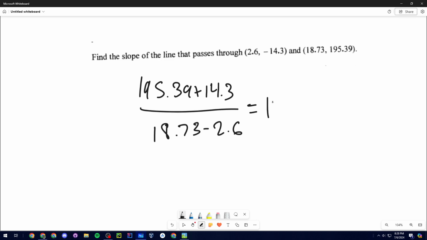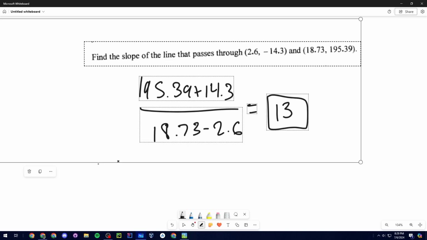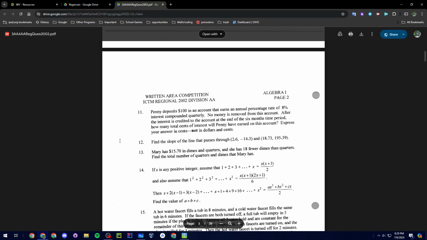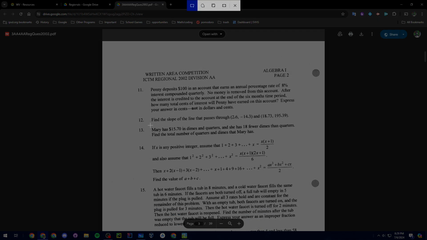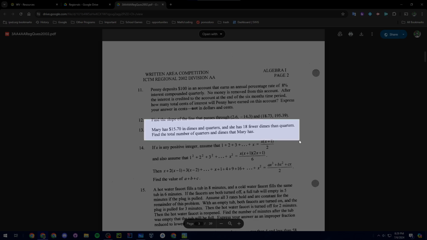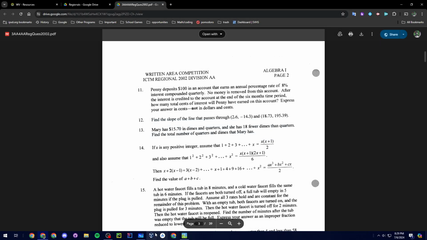Okay, so 13 is the slope. Oh shoot, what did I do? All right, 13. What problem am I on? 13, okay. Oh, wow. It's at an angle now, so that's kind of annoying.